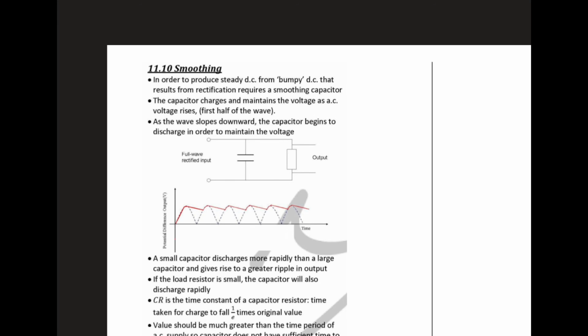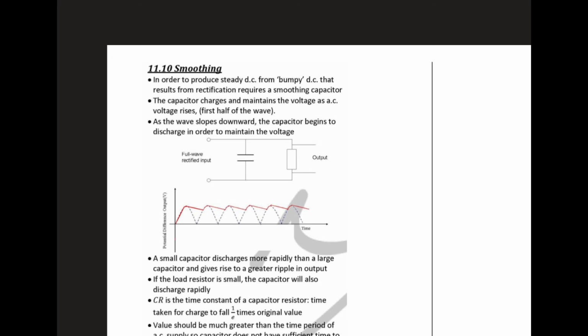When are you going to charge the capacitor? So it's written here. The capacitor charges and maintains the voltage as alternating current voltage rises. That means when they come up, the capacitor is charged.